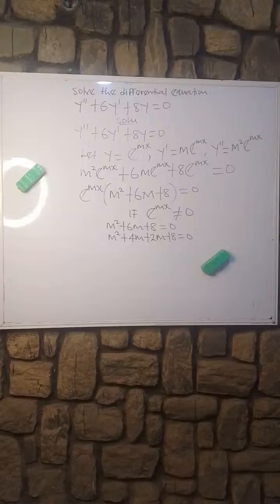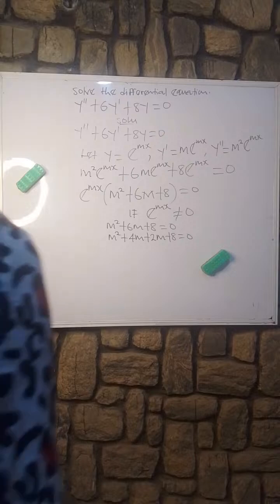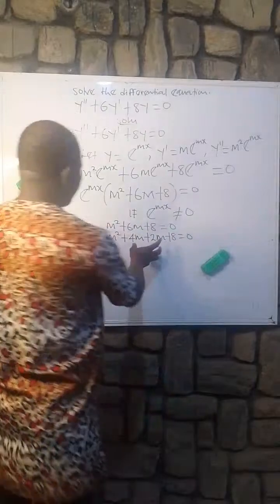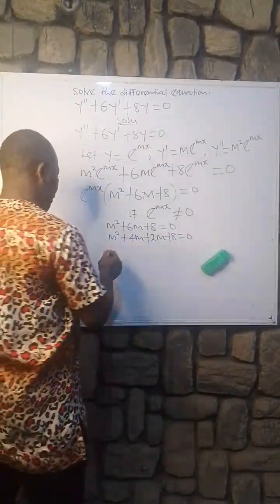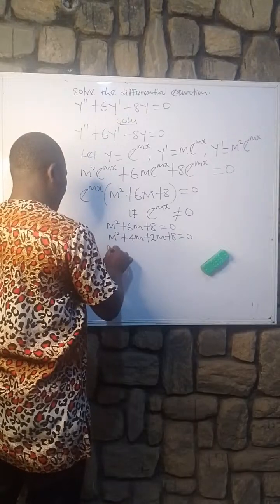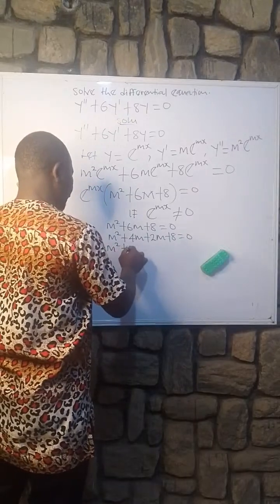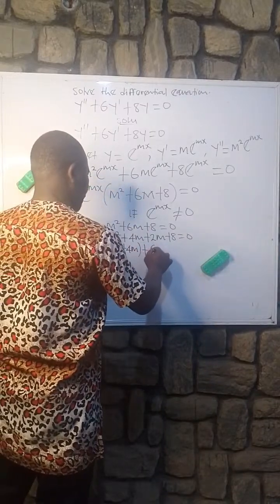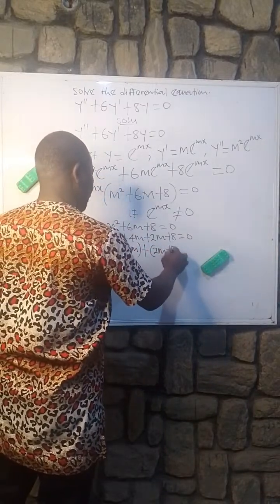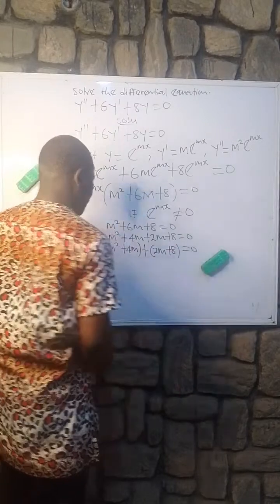So as you can see now, what we need to do here is: m squared plus 4m, plus 2m plus 8 equals 0.